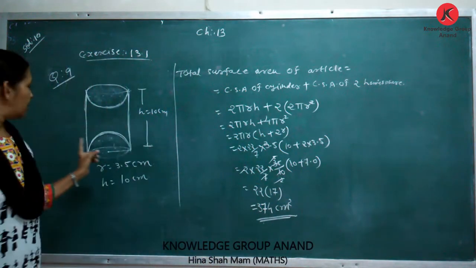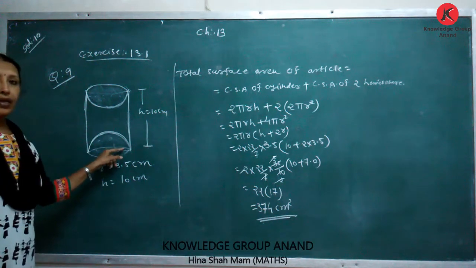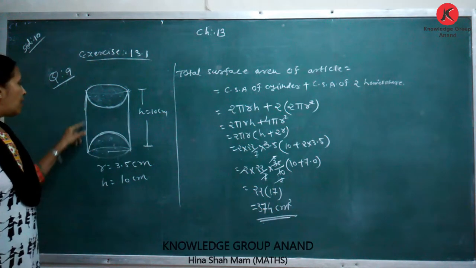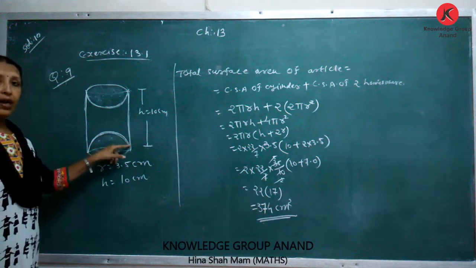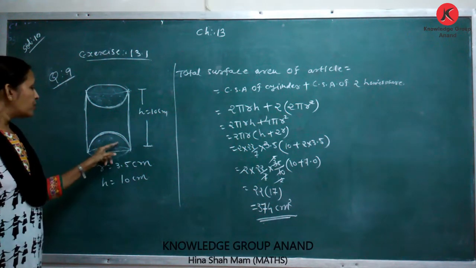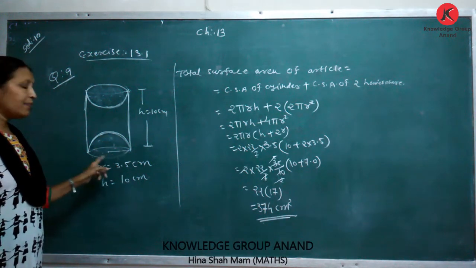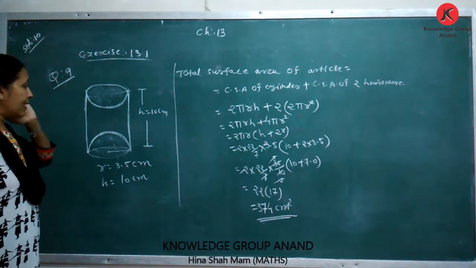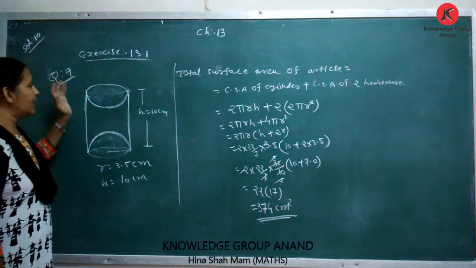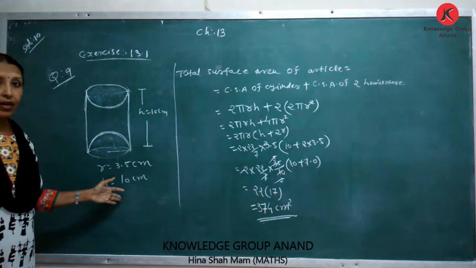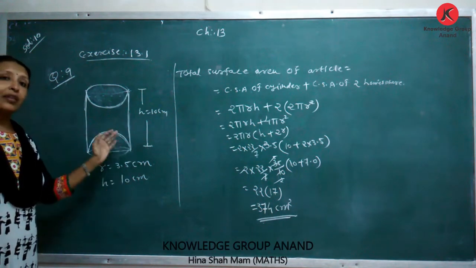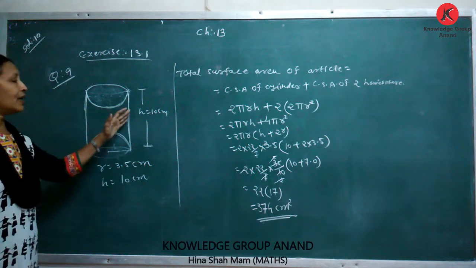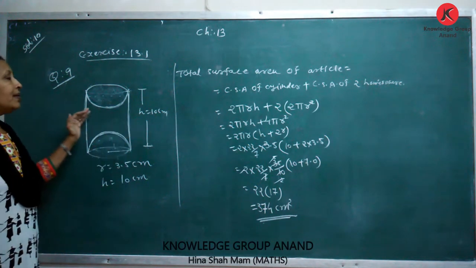Again in the question, two hemispheres. The article is formed from a cylinder and two scooped-out hemispheres. The height of the cylinder and radius of the cylinder are given. Then find the total surface area of the article.